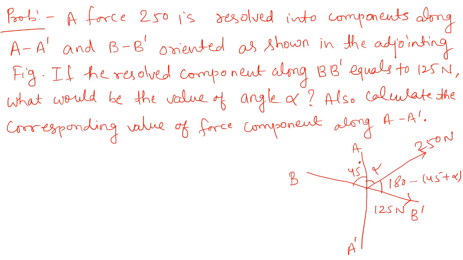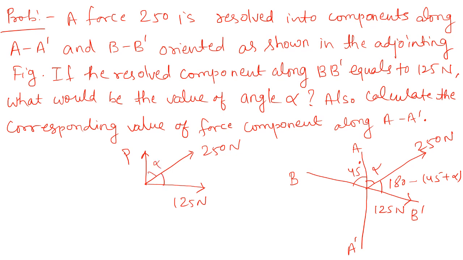So you can easily plot this: this is 125 Newton, this is 250 Newton, and this is the force that you have to determine. Let's suppose this is P, and this angle is alpha.